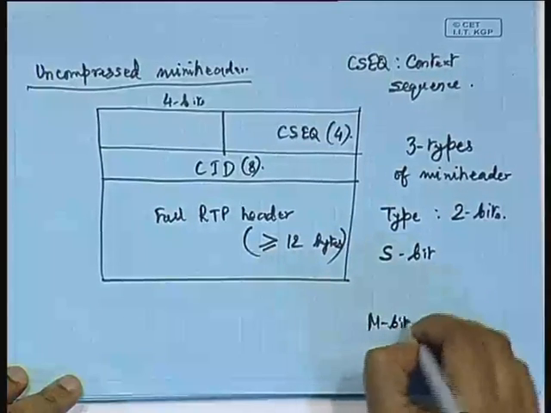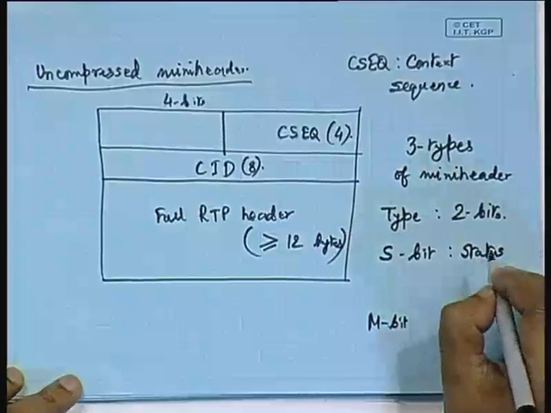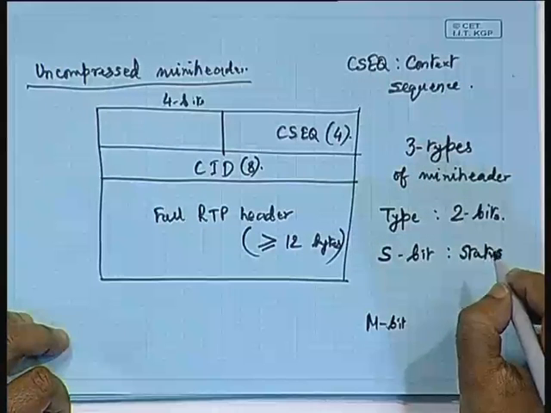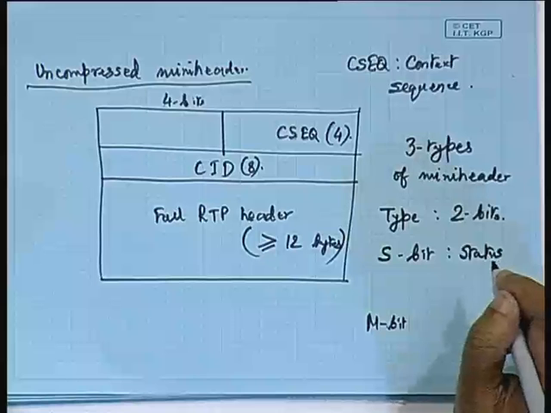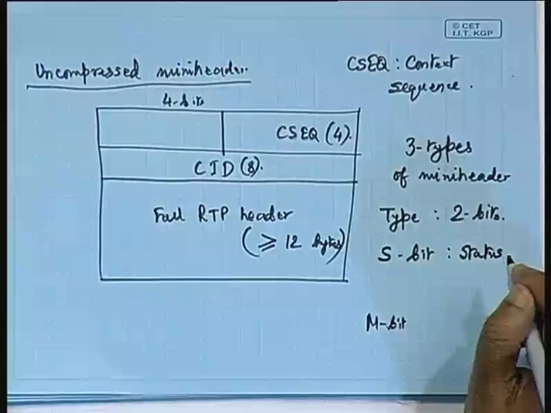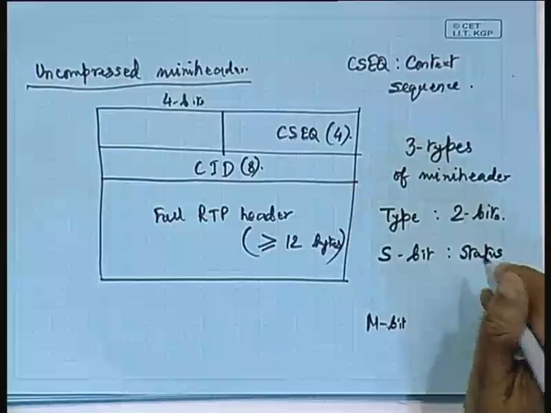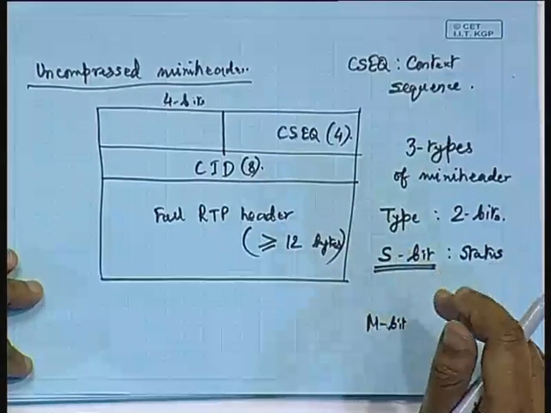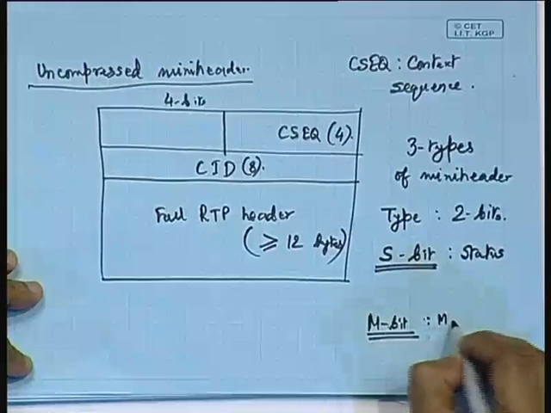S bit stands for the status bit, and it informs the status of the bit rate of the codec, assuming that the codec goes through 2 different bit rates. So which bit rate it is will be indicated by this S bit, and M bit stands for the marker bit.